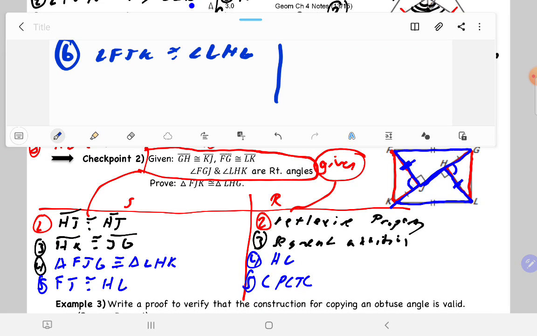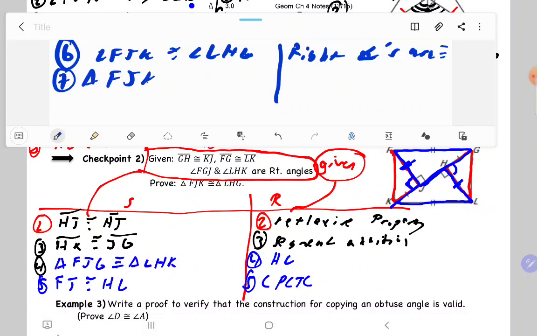So because those two angles, if we look at the right angle and the angle next to it, we know those add up to a straight line, which is 180. Therefore, they have to be right angles. And because those are right angles, these two angles are congruent. So right angles are congruent. Okay, and now we have side angle side. Triangle FJK is congruent to triangle LHG.